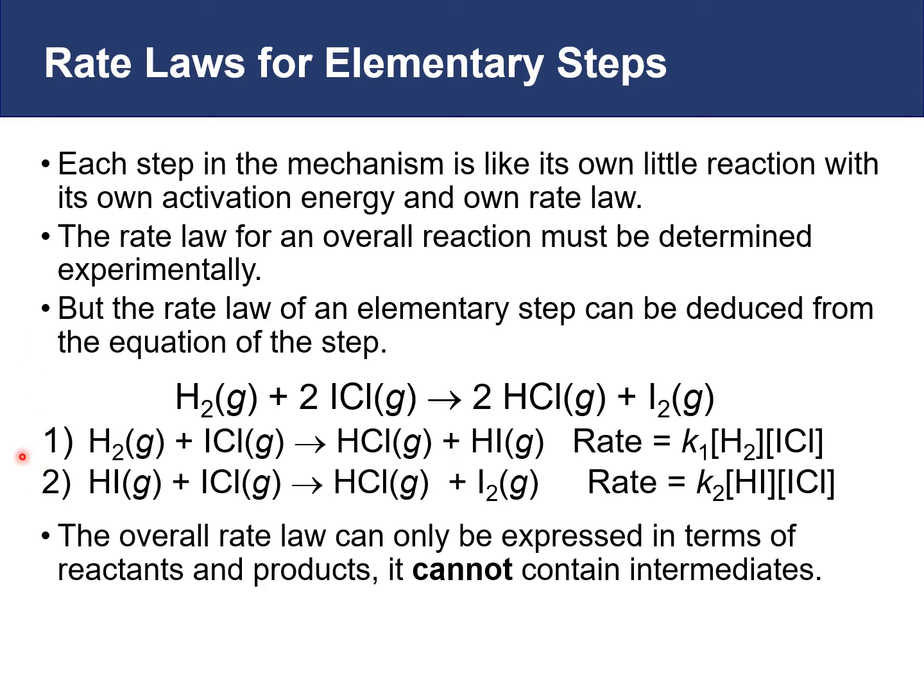That's because when we know the individual steps, we can tell what things are colliding with each other, and from that we can tell how fast the process should occur. So in the case of step 1, the more hydrogen gas we have, the more times it's going to collide with the ICl, which would lead to faster and faster reactions.